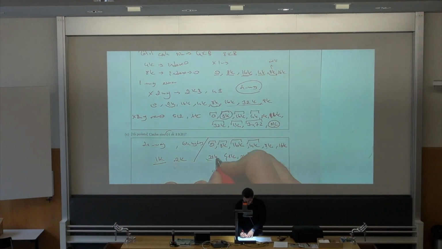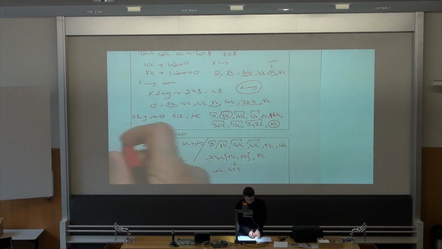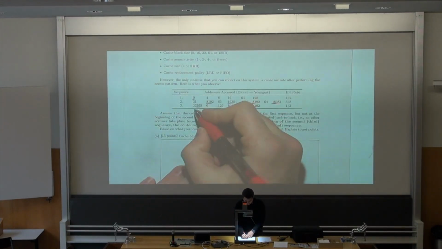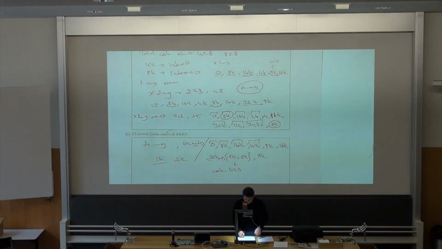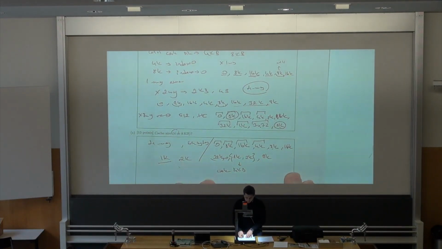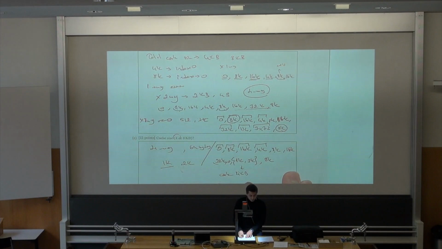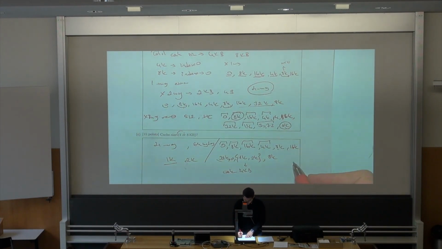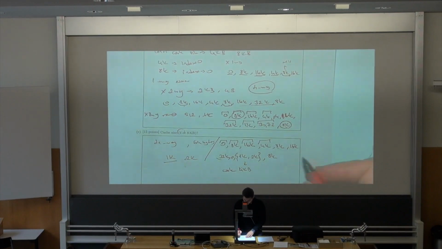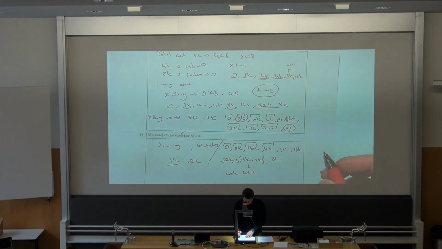So 32K. For the 32K, I forgot to write down 0 here. There's also a 0 after 32K. So even if the replacement policy is FIFO or LRU, in either case, we're going to replace 0 for this one, right?